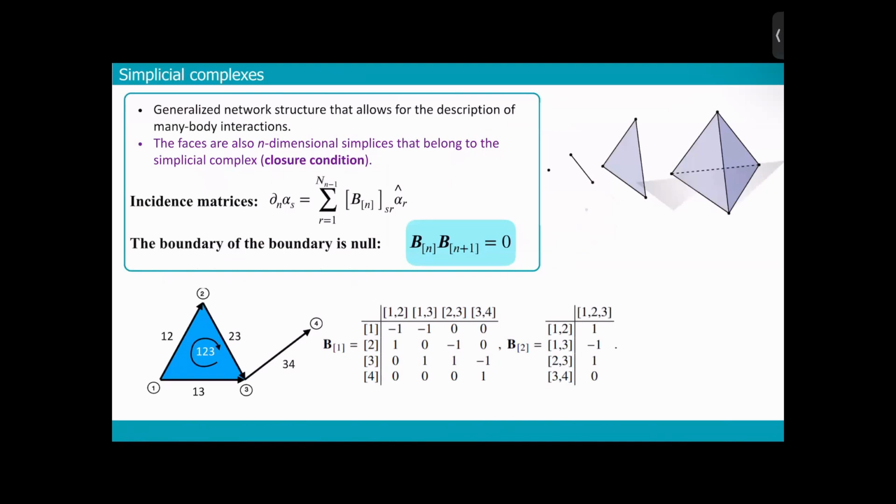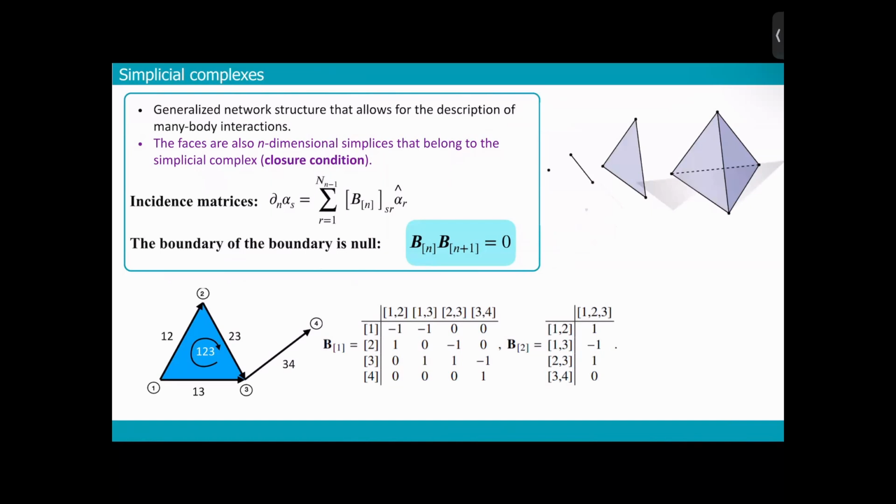So again, we already talked a lot about this, especially on Monday, but I'm going to be using the framework of the Hodge Laplacian and the incidence matrices, so I will just very quickly recall these terms for anyone who is not very familiar with them. So we will consider simplicial complexes. These are higher dimensional structures that allow us to encode these higher order interactions in the data, and they have the closure condition.